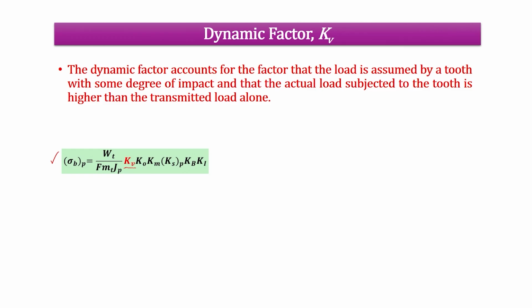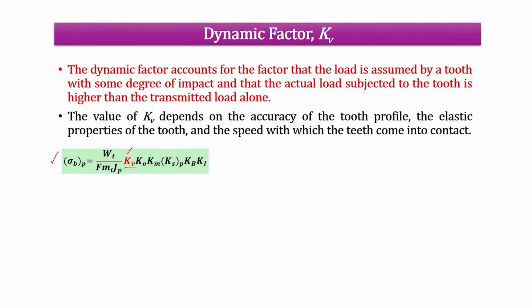That means the actual bending stress equation was obtained considering the static case. Now, the gear drive is not a static case, it has a certain pitch line velocity, and for the case of a spur gear, the engagement and disengagement cause impact.